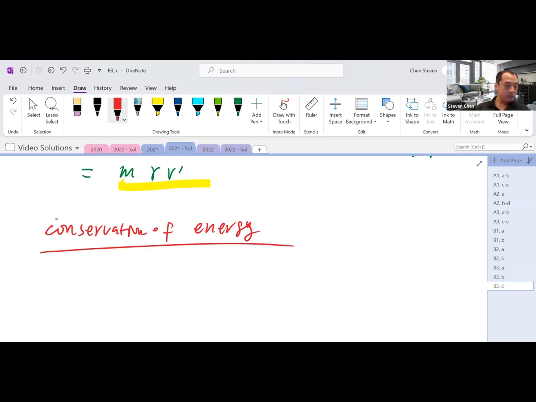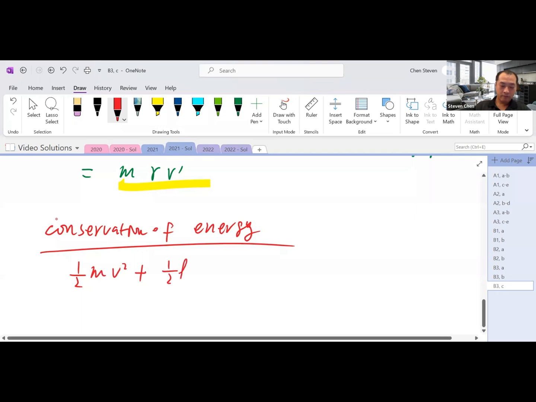Okay. So what is the initial total energy? Recall that we have the following kinetic energy. We have the potential energy stored in the spring. And we have the gravitational energy.